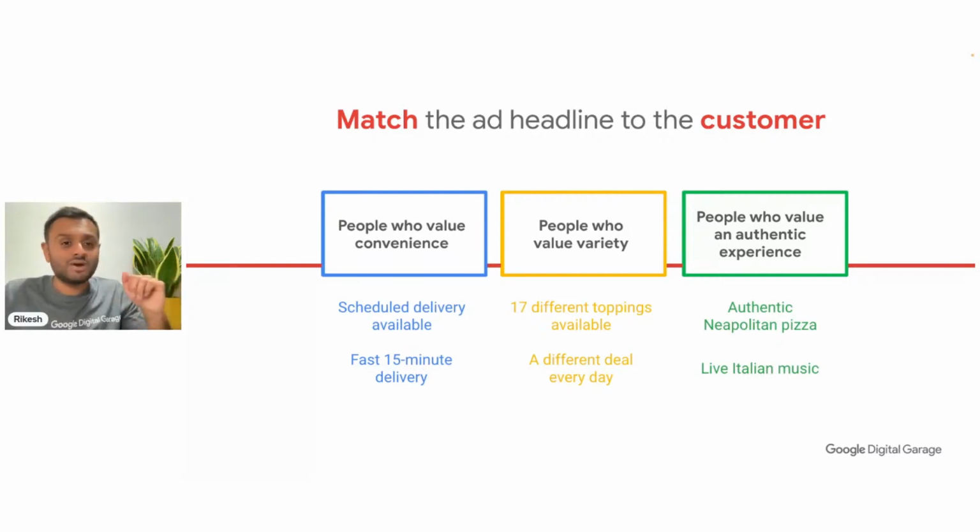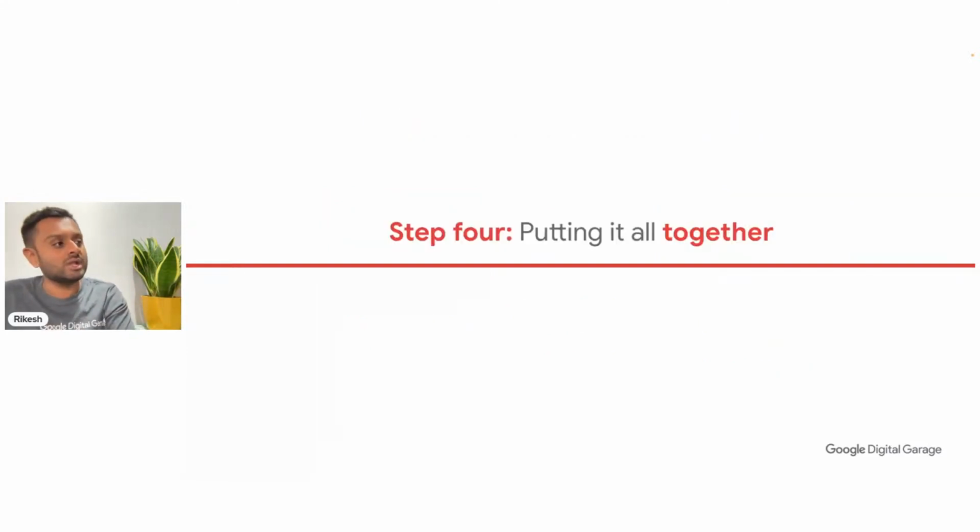And then finally, for people who value an authentic experience, these might be those pizza lovers, those pizza connoisseurs, the pizza bloggers. Maybe for them, using phrases in your ad headlines such as authentic Neapolitan pizza or live Italian music on Fridays might grab their attention more as well.